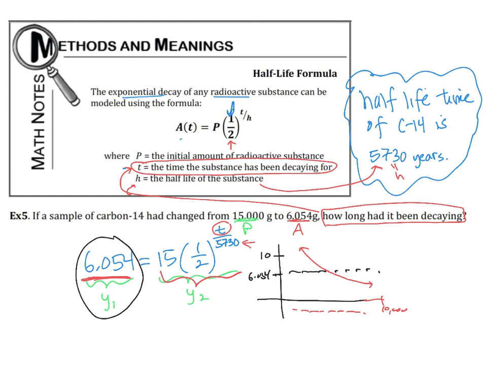So you need to adjust your window. That t has to be bigger than that because we know it's halved itself. Half of 15 is 7.5. So we know it's going to take at least 5,730 years, and it's going to be a little bit more than that because it did more than halve itself, right? So go ahead and plug it in. You find that intersection, adjust your window if you need to, pause and adjust your window. And you really need to try these on your own. Don't rely on just looking at the answers and the answer key.